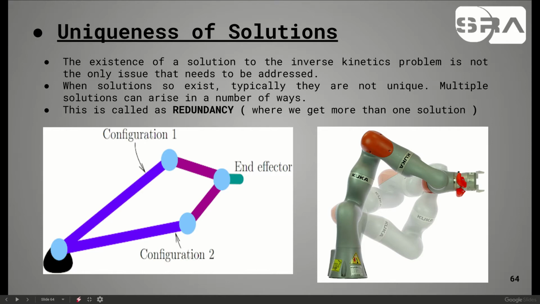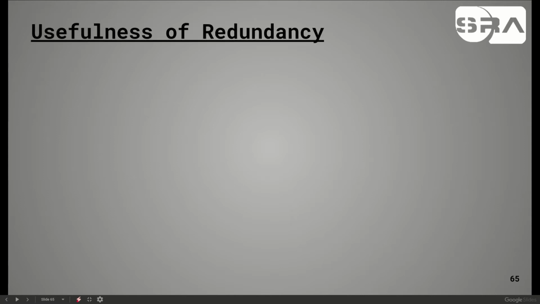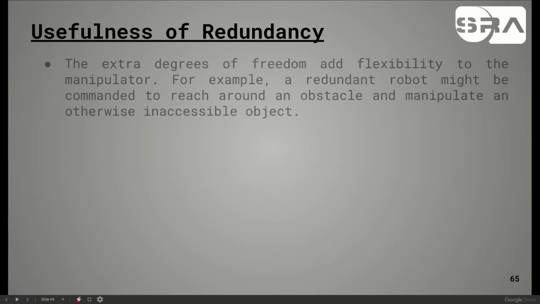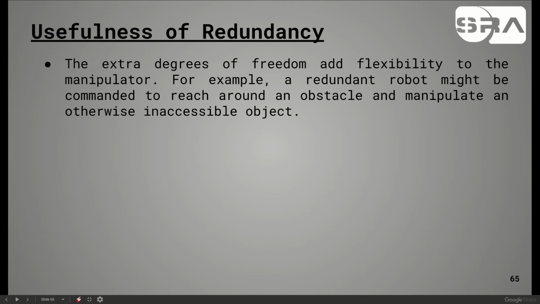But this multiplicity of solutions is not only a problem, it is actually sometimes helpful to us as well. The usefulness of redundancy, or of having multiple degrees of freedom, is that it adds flexibility to the manipulator. Flexibility in the sense that the arm is not going to be soft or anything.